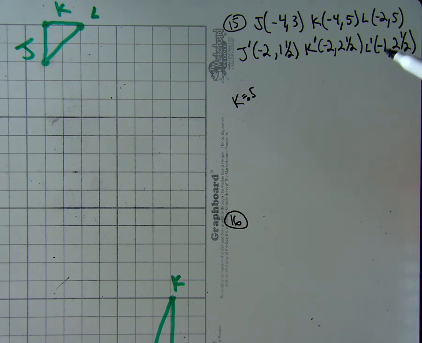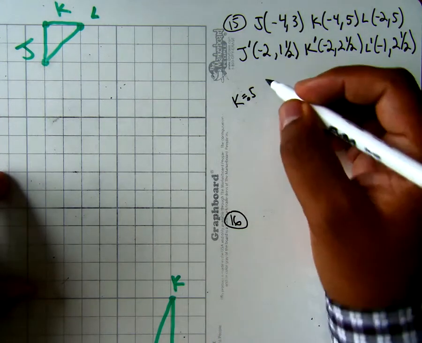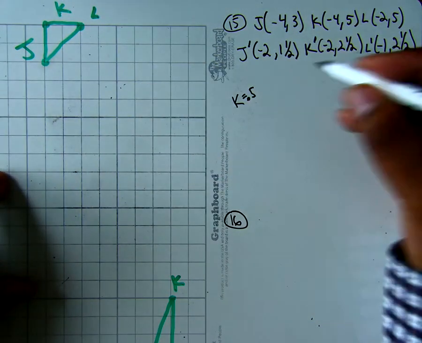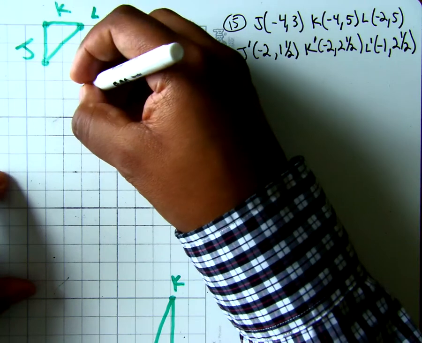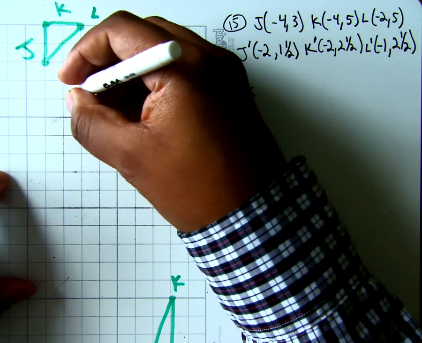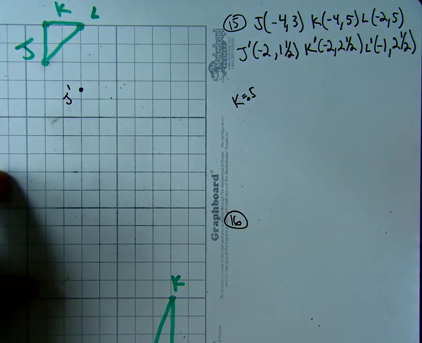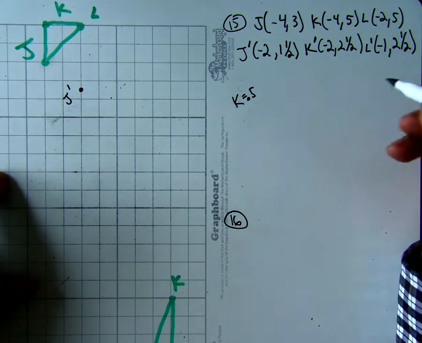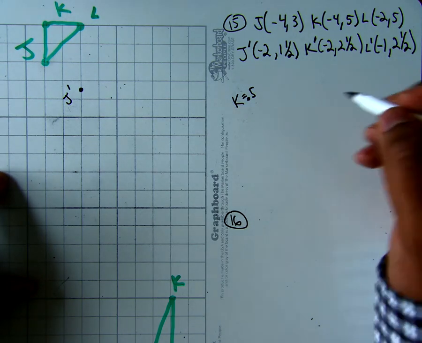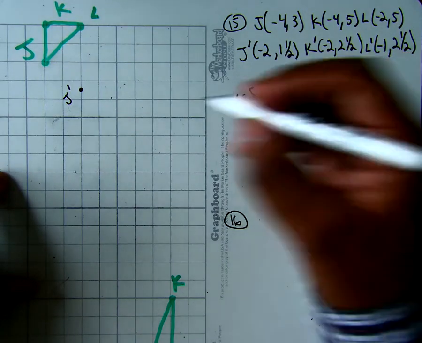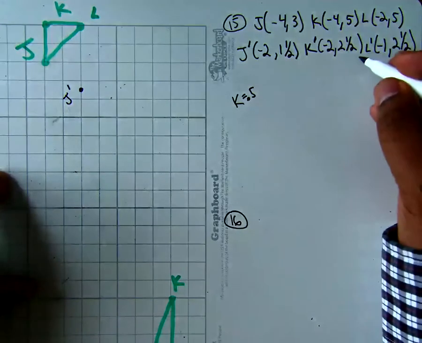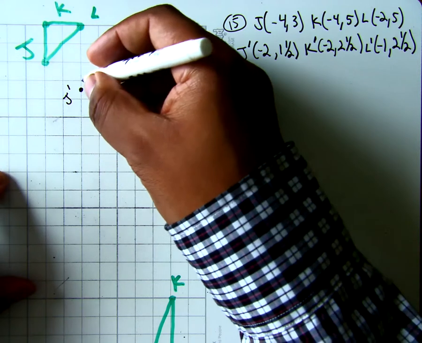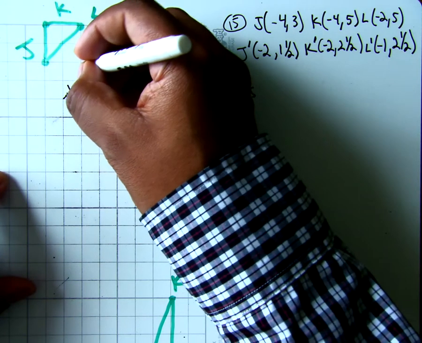So I'm going to go ahead and plot out these coordinates here. So I'm going to go back 2 and up 1.5 blocks. And that's my image for J. Next, I'm going to go over -2 and then go up 2.5.